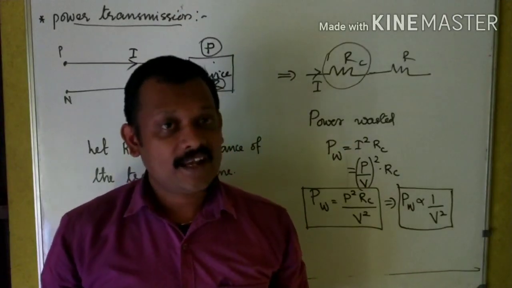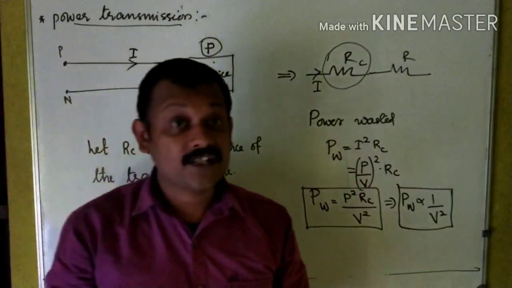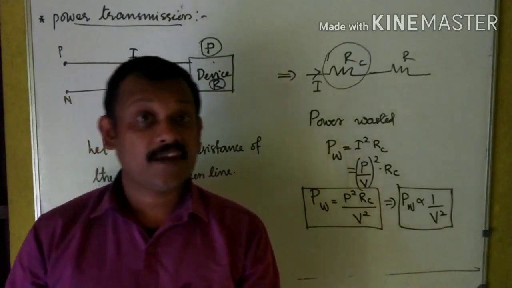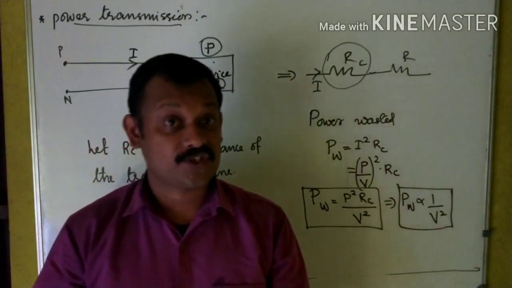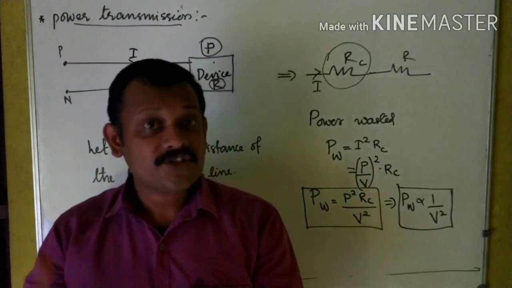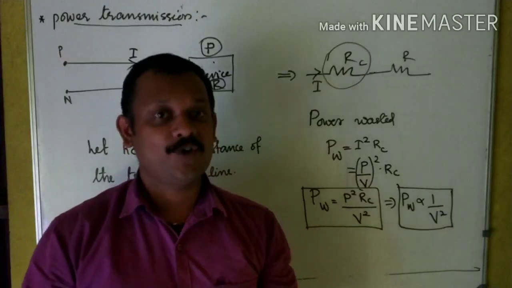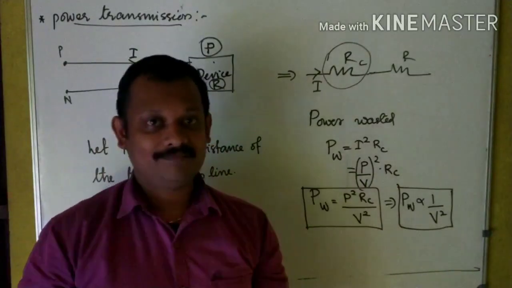That is where I say in your localities you will find substations. 66 kV substation, 110 kV substation, 11 kV substation. The substations are there, and the power supply that we are getting to our home is just 230 volt. How is it possible?